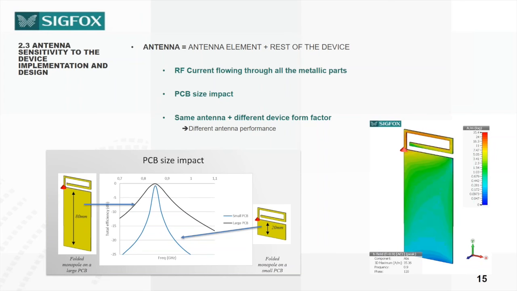So we lose some percent of efficiency, but not only. We can see also that we lose in terms of bandwidth. The frequencies in which we have a good efficiency are much less wide. So we have basically a reduction in terms of bandwidth and efficiency.